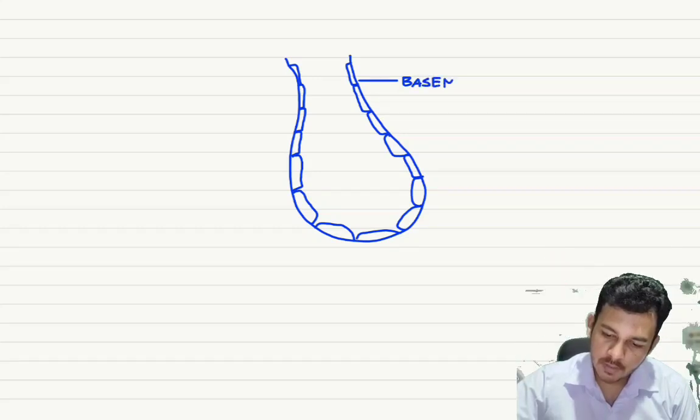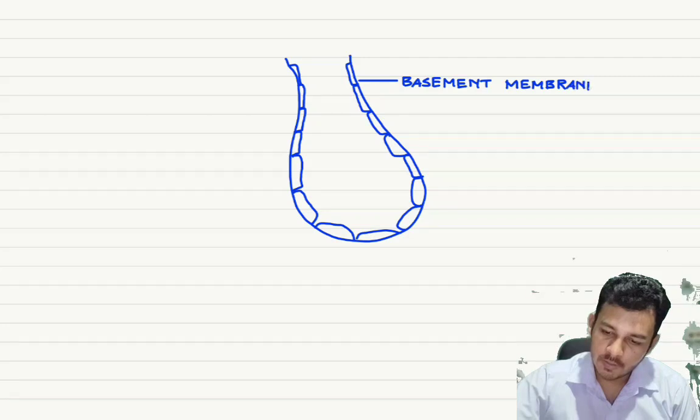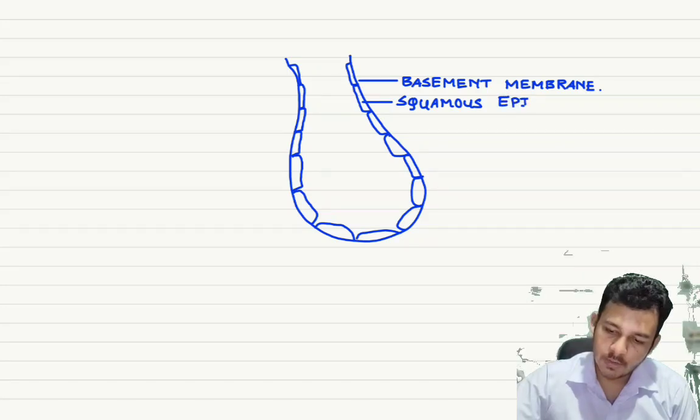Around this alveoli, what we will have is a network of capillaries. So I will subsequently draw that, and this is the squamous epithelium, which is single layered.